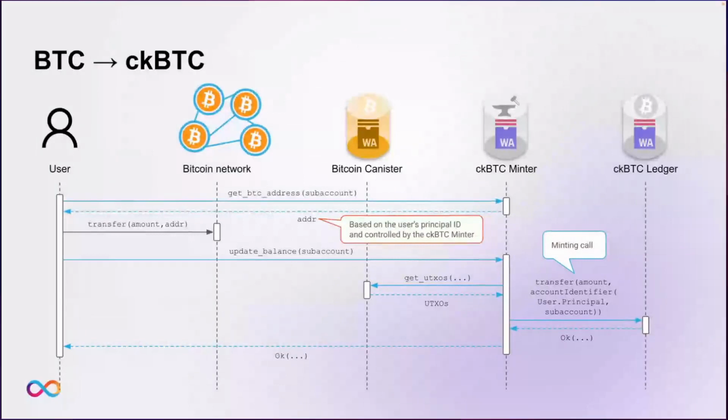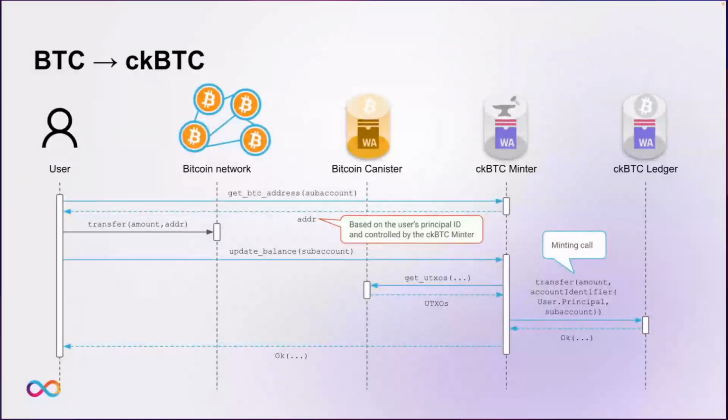Just for explanation, to mint ckBTC you actually need two canisters: the ckBTC minter, which is the canister that is allowed to create new ckBTC on the ckBTC ledger, which is the other canister over here. So we request the address. The address is based on our principal ID and controlled by the ckBTC minter.